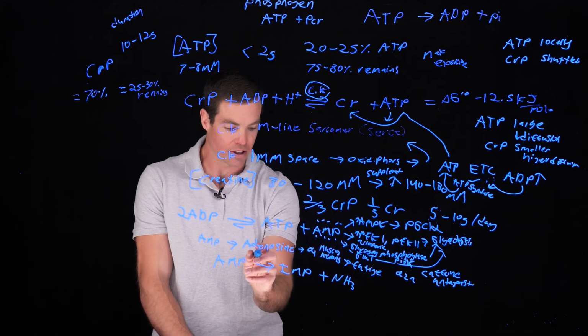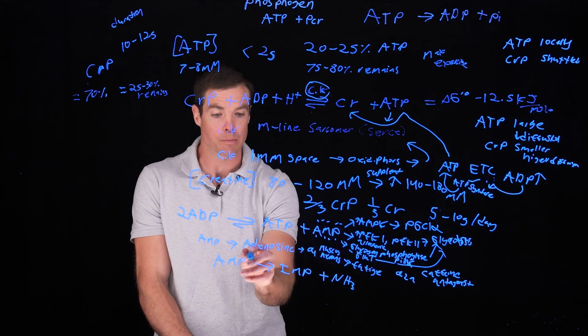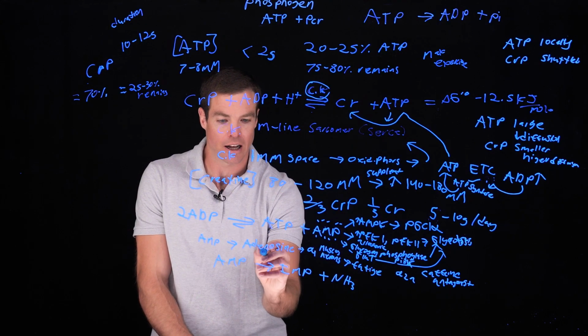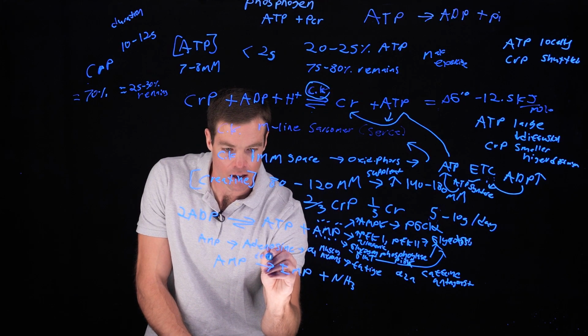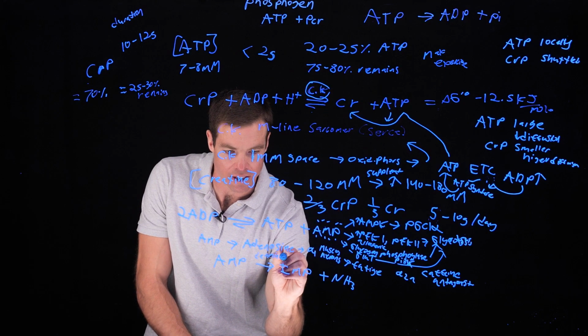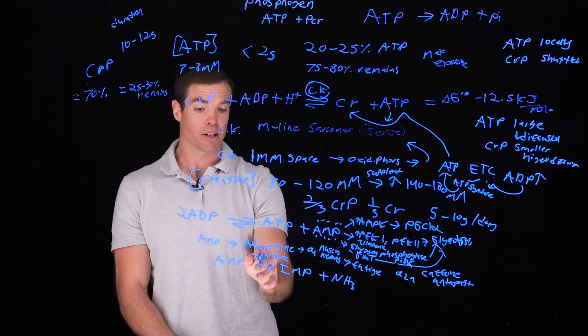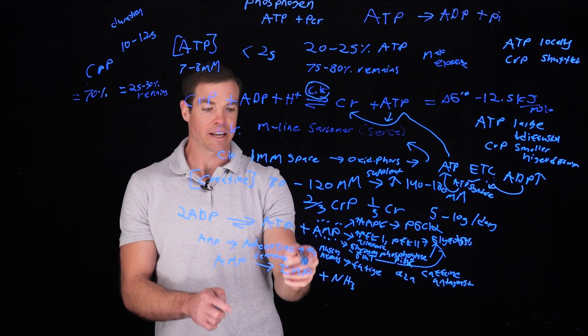This reaction is by AMP deaminase, or myoadenylate deaminase. I'll just put deaminase here. This deaminase reaction basically takes off the amine group of the AMP, making IMP.